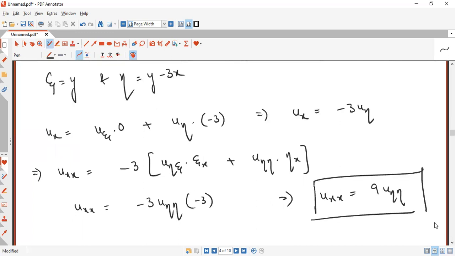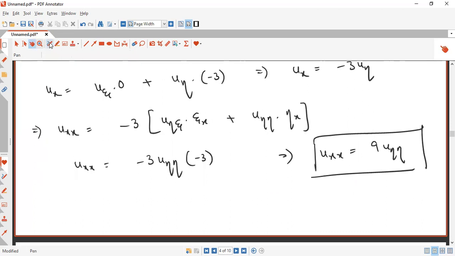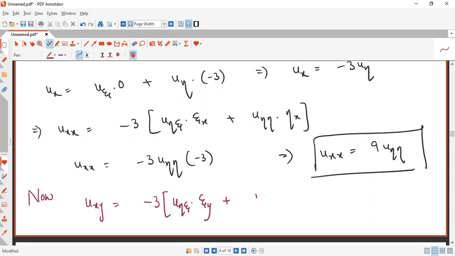Now find uxy. Ux is minus 3 u eta. So I have to differentiate this u eta with respect to xi and xi with respect to y, and u eta with respect to y. Right? So what is uxy?